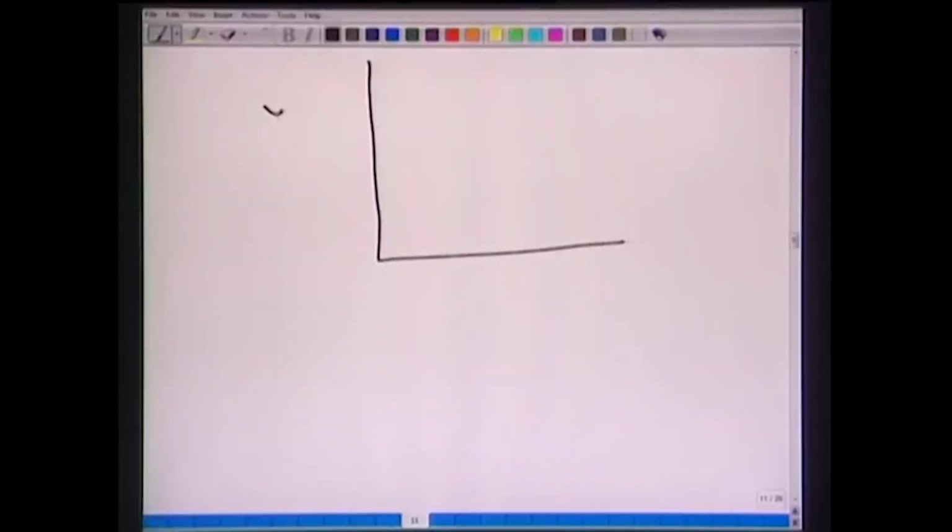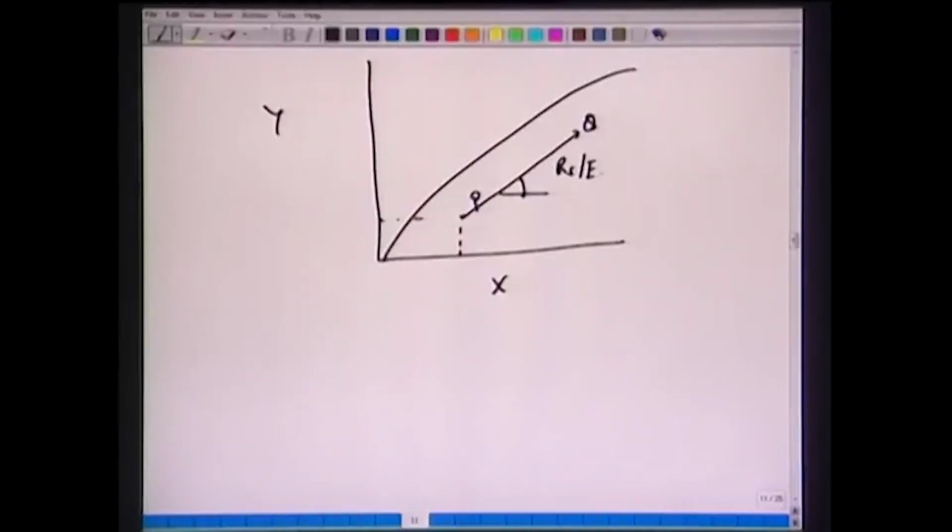So in other words, if we draw it here, capital Y, capital X, we have the same equilibrium curve. Now if this is point P, equivalent to Y1 and X1, then we have the slope of the curve which is positive, and we have PQ. So this is a positive slope here with the slope RS over ES.